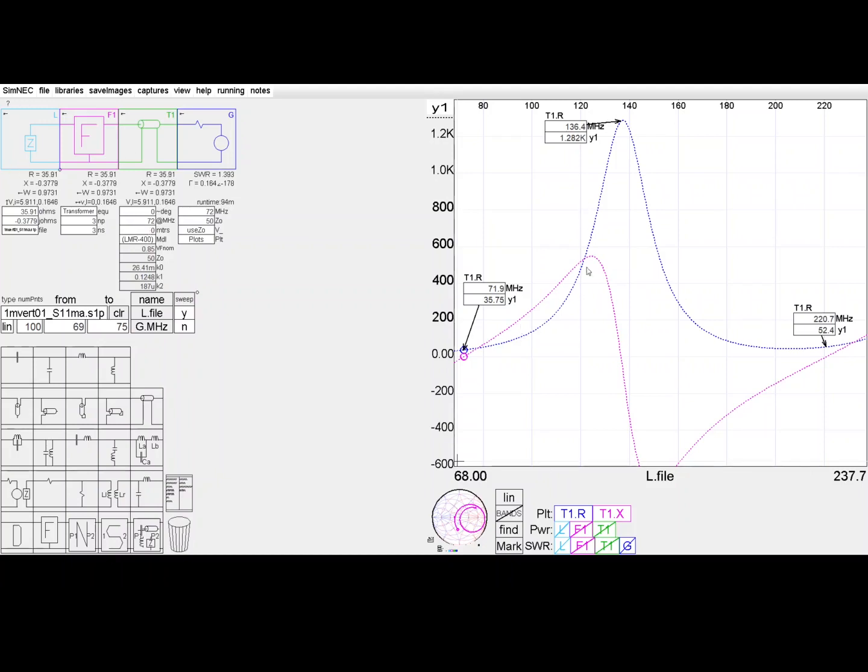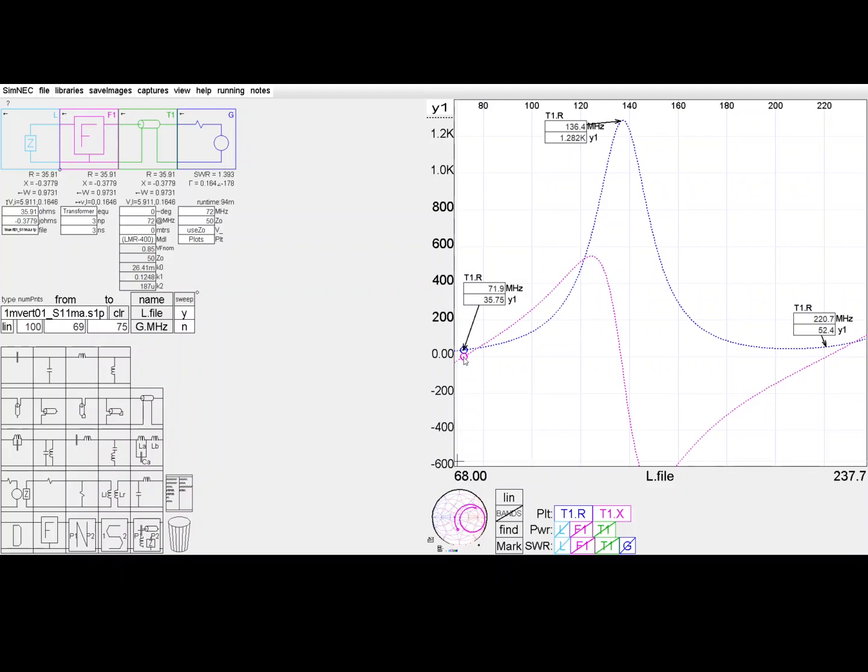And what we're seeing is the R and X plots that are the same as what we got directly from the N4NEC 2 model. There are three resonances, and the resonances are where the reactance crosses 0, and it crosses 0 here at about 72 megs.